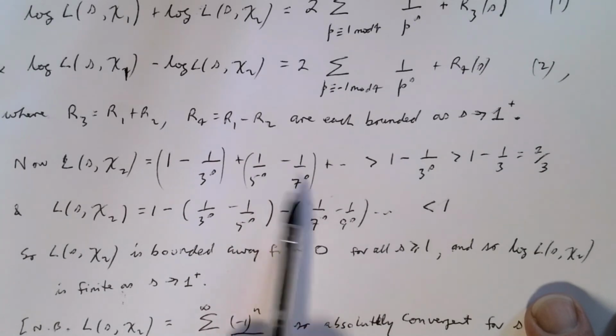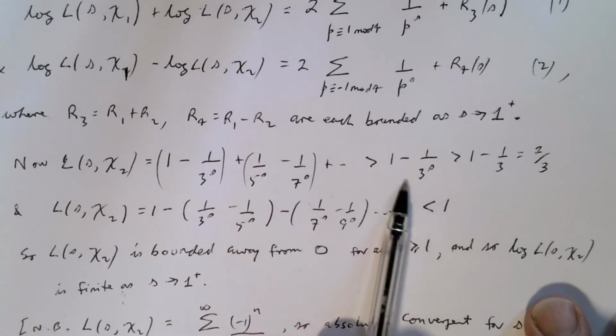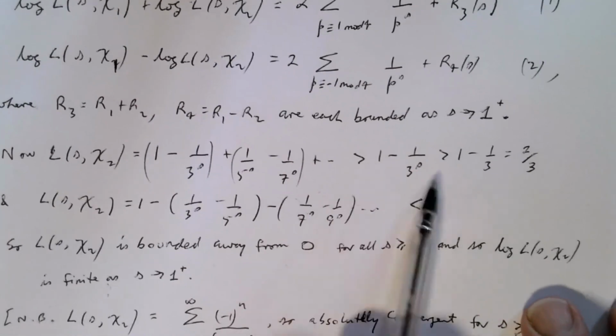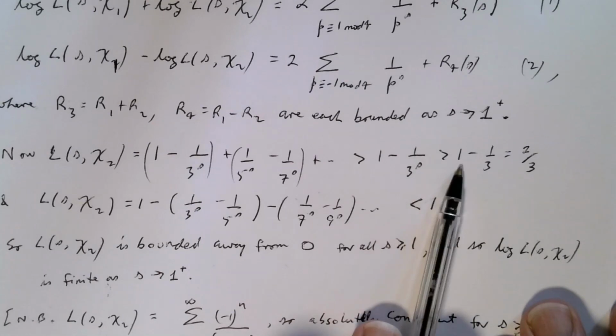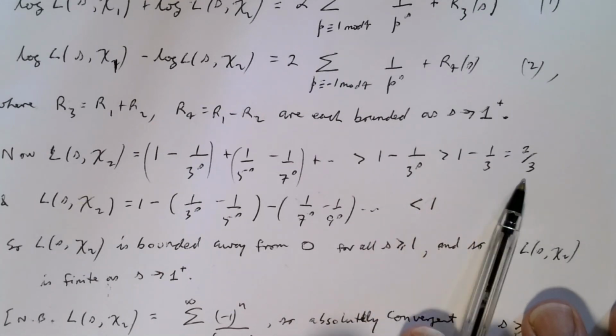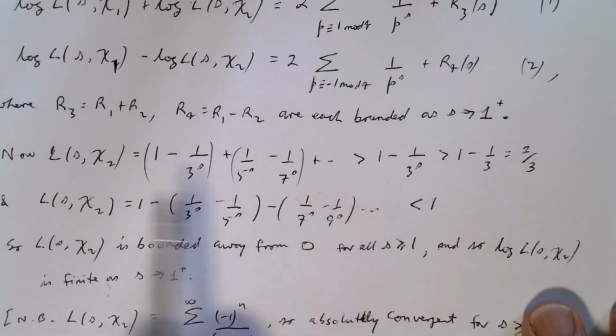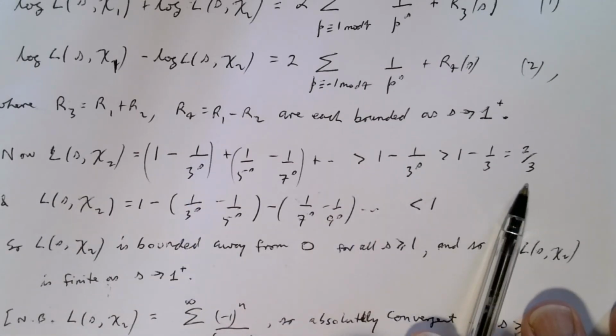So I can toss away all of that and just get left with this using an inequality. And again, I can toss away the s and write this as bigger than 1 minus 1 over 3, which is 2/3. Now that's very important because that means it's bounded away from 0. As s goes to 1, this thing is bigger than 2/3, and so it's certainly bigger than 0.